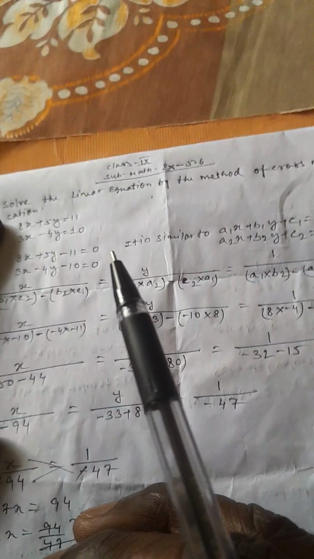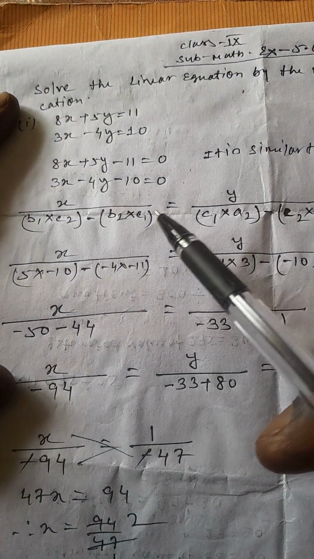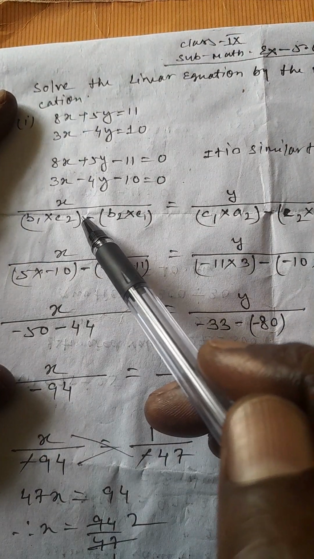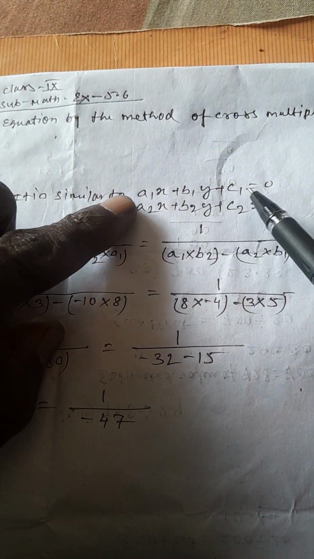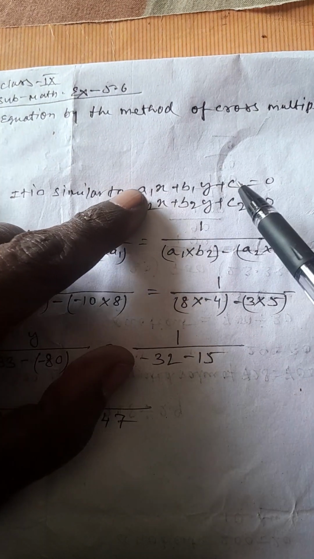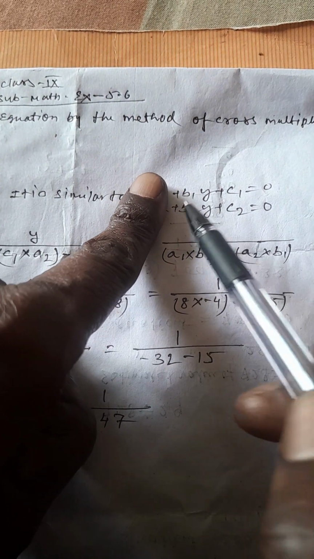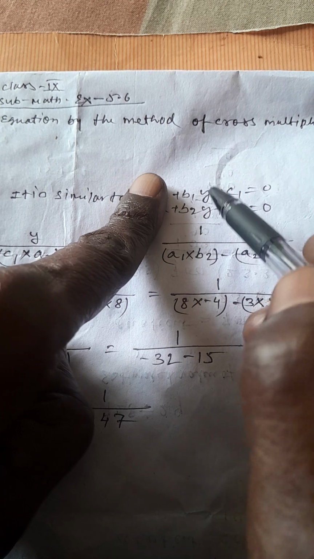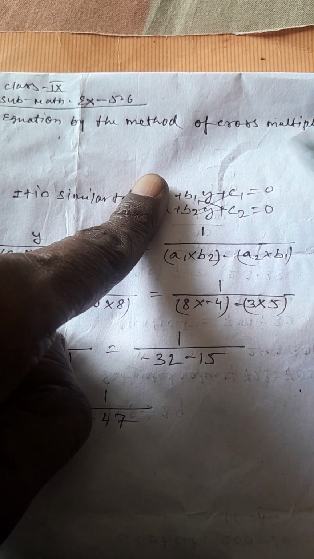So in this way, in the method of cross multiplication, to find the value of x, hide the value of x and multiply this with this value, means multiply b1 into c2 and b2 into c1.